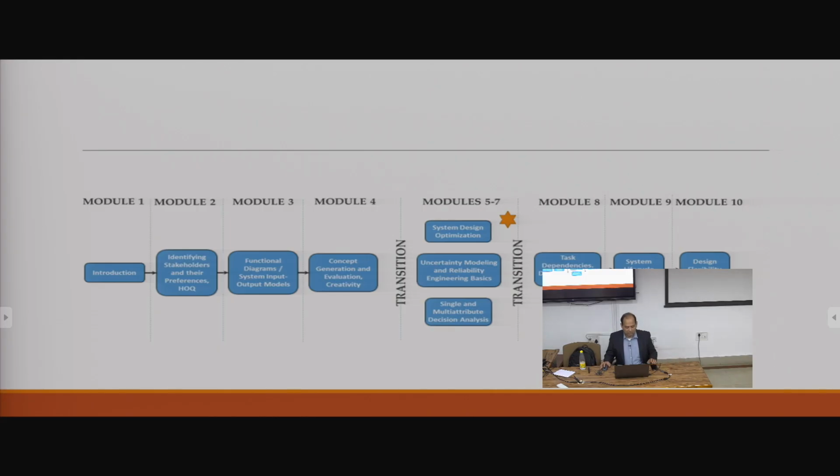Okay, so let's get started now. Today we're going to transition. We're within these three modules here of optimization, uncertainty modeling, and then decision analysis. So we'll start with our brief discussion of design optimization. Of course, optimization, just like any of the topics covered here, is a huge field, and we can only cover basics.